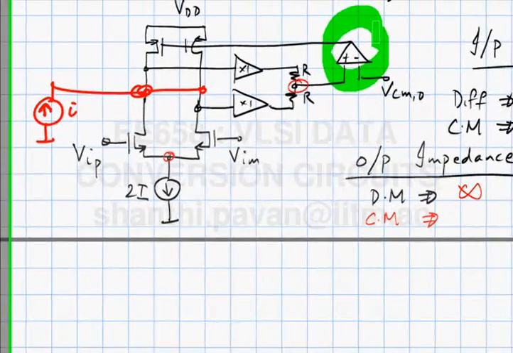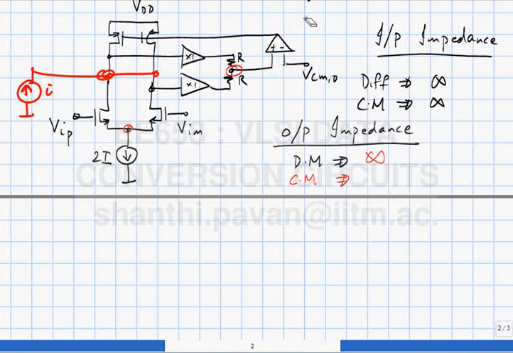Why? What do you think will happen initially? If I try to pump in any current into that node, the potential will tend to rise. And as soon as the potential rises, it will get picked up by the common mode detector. Right? The moment the common mode detector output goes up, the op amp now knows that there is some mischief going on.